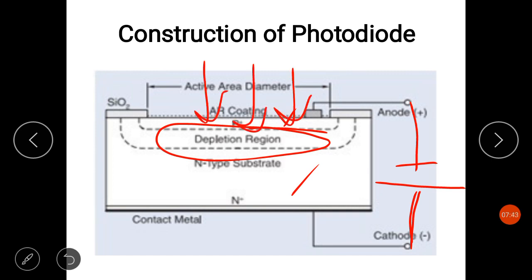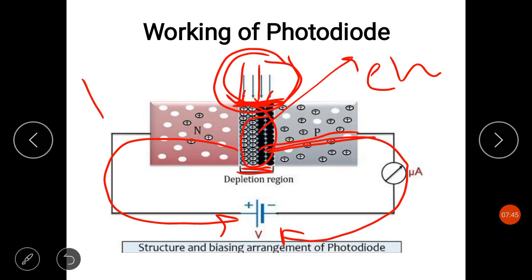This is because if light falls away from the junction, electron hole pairs will get generated, but they will get sufficient time to recombine, hence they cannot contribute to the reverse current.